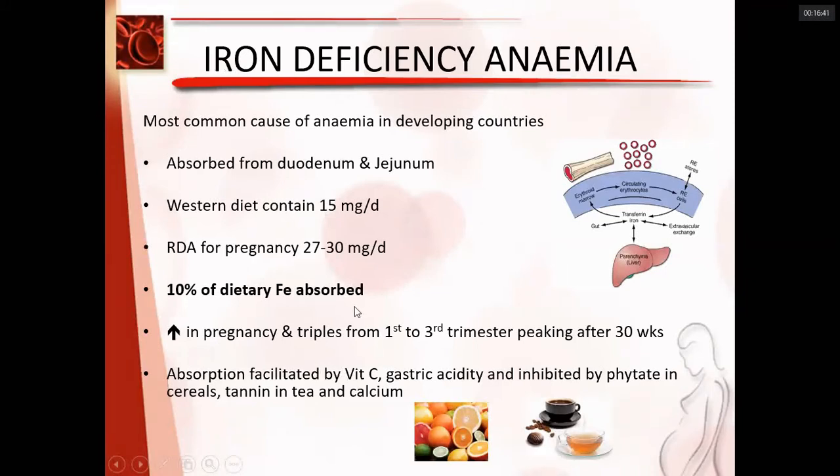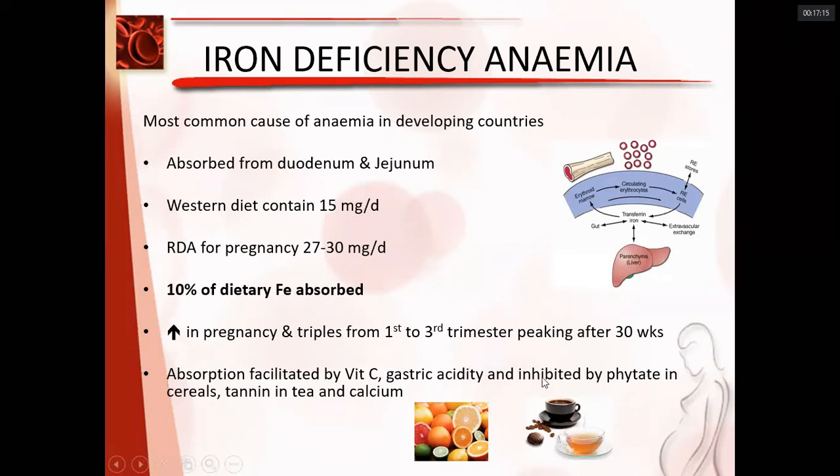So what are the things that facilitate the absorption of iron, and what are the things that inhibit the absorption of iron? This is important while counseling patients during intake of iron; they should not be taking things that inhibit absorption. One of the common mistakes is that they take their iron and calcium tablets together. But as you see here, calcium inhibits the absorption of iron, and hence patients may be iron deficient despite taking iron regularly.